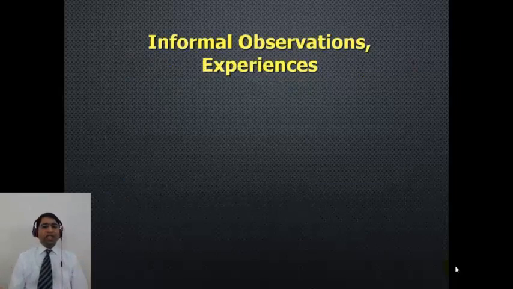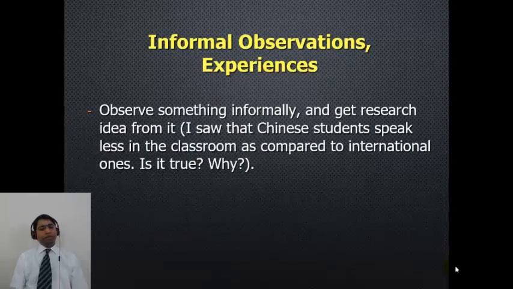Another one is informal observations or experiences by yourself. The first one, you observe something informally and you get some kind of research idea about it. Actually, I will talk about this one in detail in the example, because my example is about the same topic.